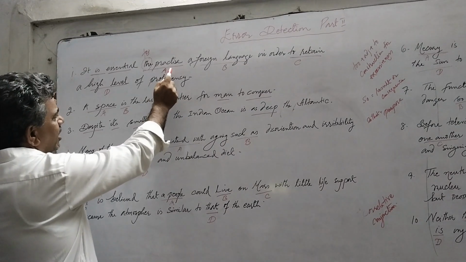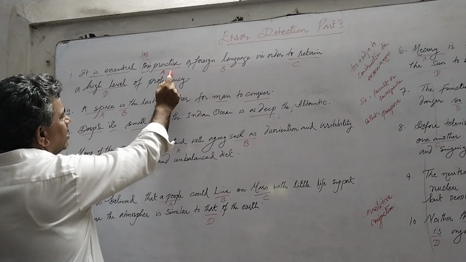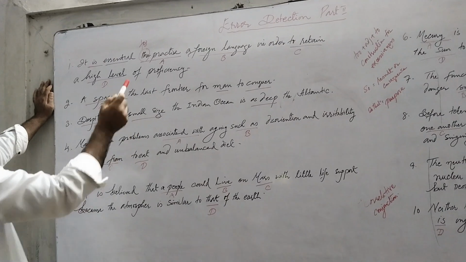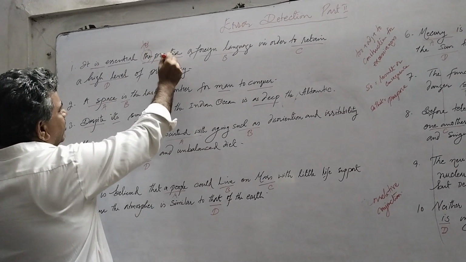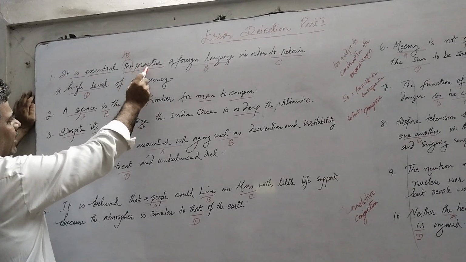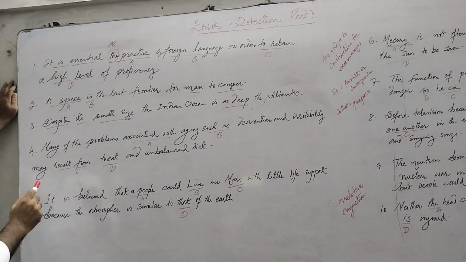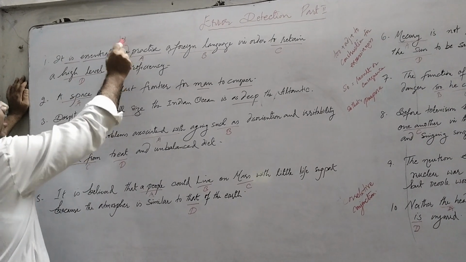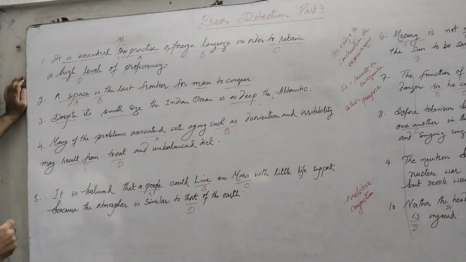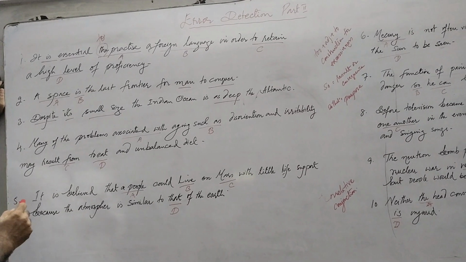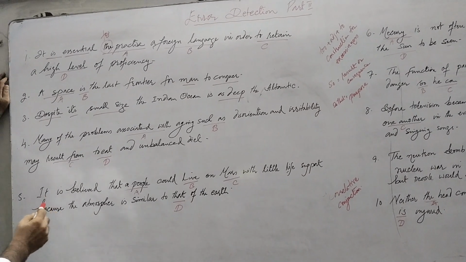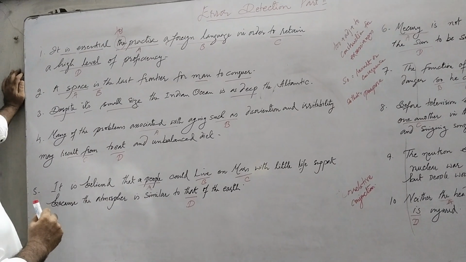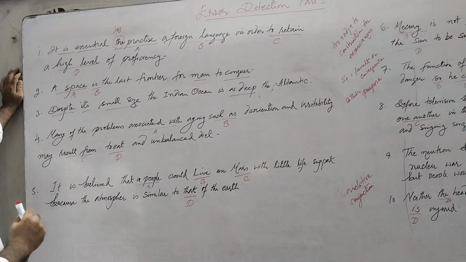And we also see that the word practice is written in a verb form. It is not in a noun form. So the word practice is right, but we have to make it infinitive. So we have to remove the and put to instead of the here. Then the sentence will be correct here. It is essential to practice a foreign language in order to retain a high level of proficiency.